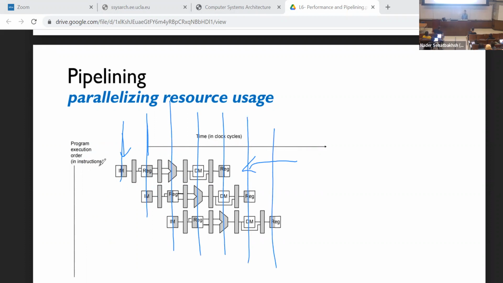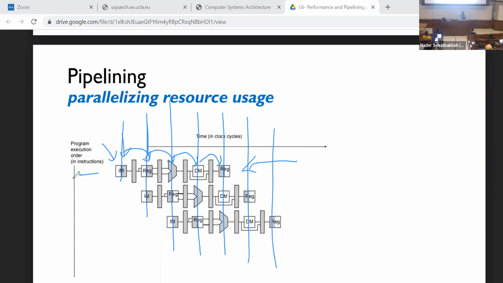And what we are proposing is that the first instruction goes into the instruction memory in the first cycle. In the second cycle, of course, it goes to the register file for reading things. In the third cycle, it goes to the ALU. Fourth cycle in data memory, and fifth cycle is in the write back stage.